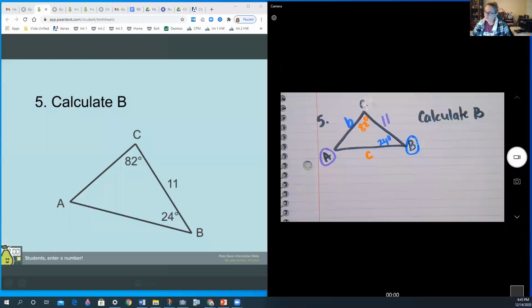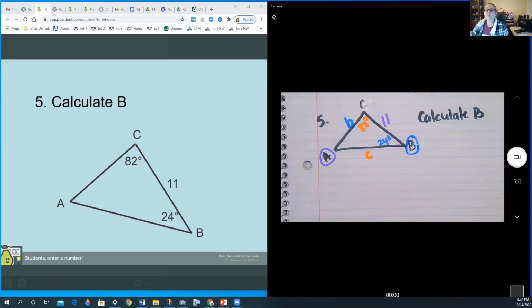So on this one, it doesn't appear like we have a pair at first. So A and then the side opposite it, I don't know the angle. Here, I know the angle B, but I don't know the side opposite it. And C and the side opposite this, okay?